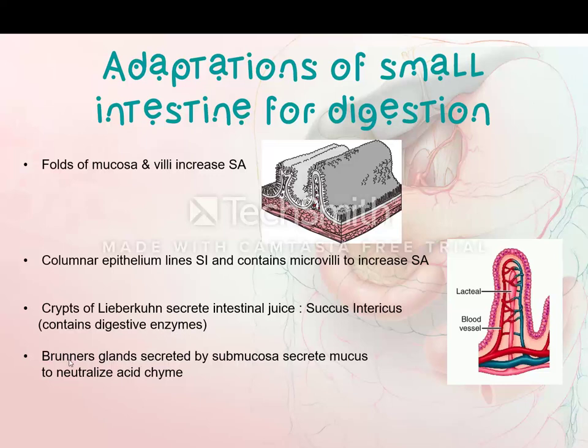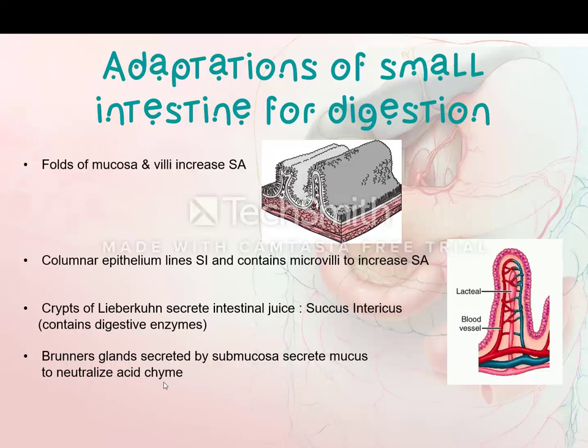And then lastly, it's not depicted here, and you don't need to be able to recognize where, but at certain points there are glands within the villus called Brunner's glands that secrete mucus. And that mucus is important in neutralizing the acid chyme.